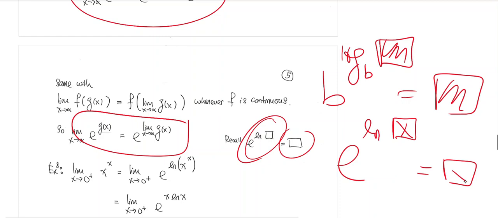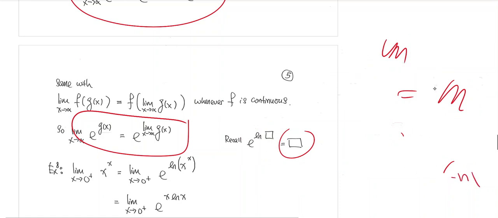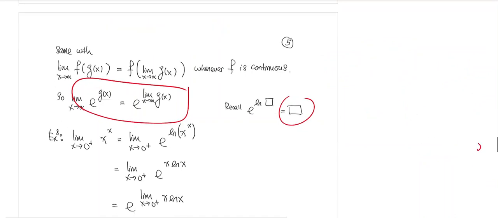So let's say this is x, this will be x. If this is x squared, this will be x squared. If this is sine x, this will be sine x, so on and so forth. Okay. Now we are ready to look at these final few examples.